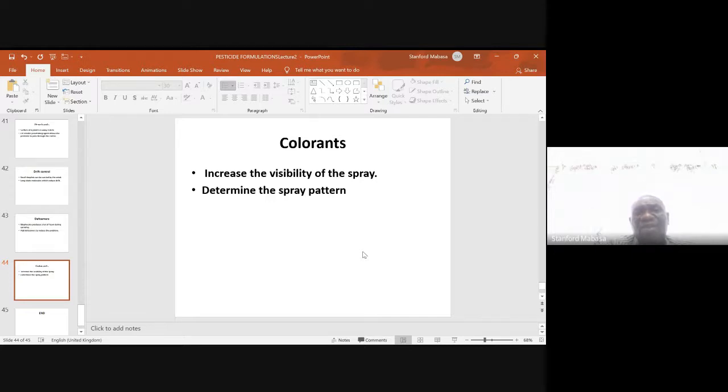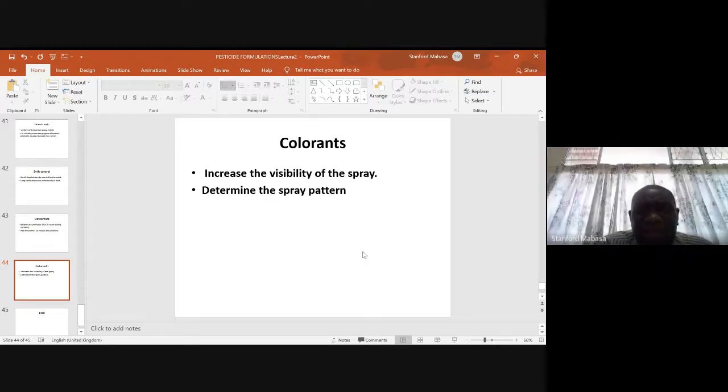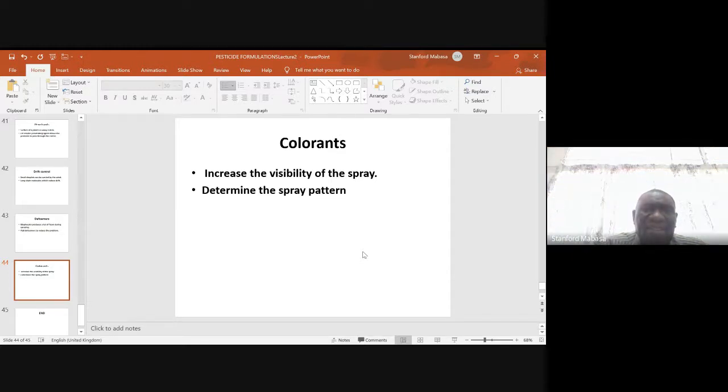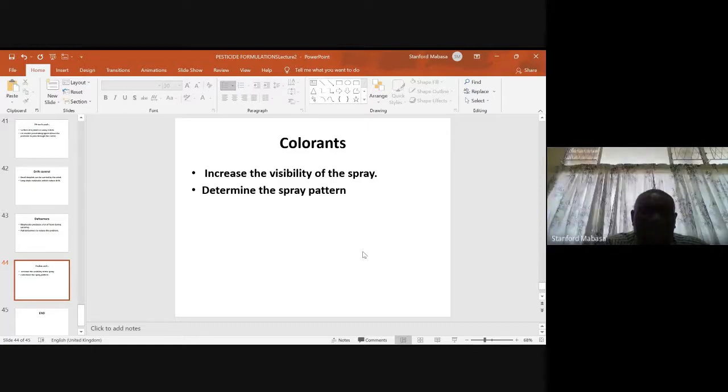We can also add what are known as colorants to the pesticide. This helps to increase visibility of the spray so that when someone is spraying, you can actually visualize the droplets, where they are going.